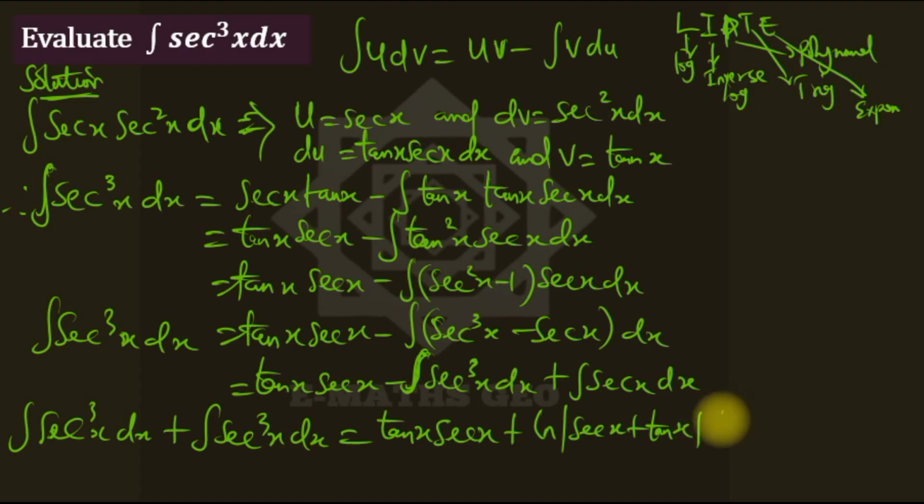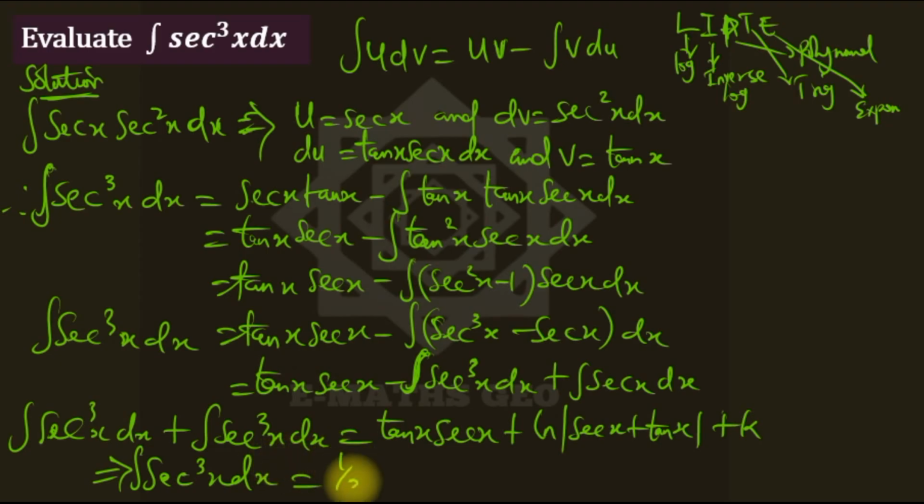So plus k. Sec cubed x plus sec cubed x, they are the same, so we have 2 integral. Which implies that if I now make the integral of sec cubed x dx the subject of the formula, this plus this is 2 integral of sec cubed x.